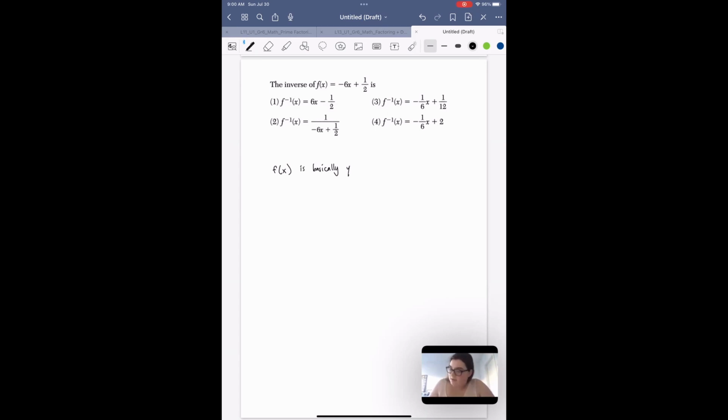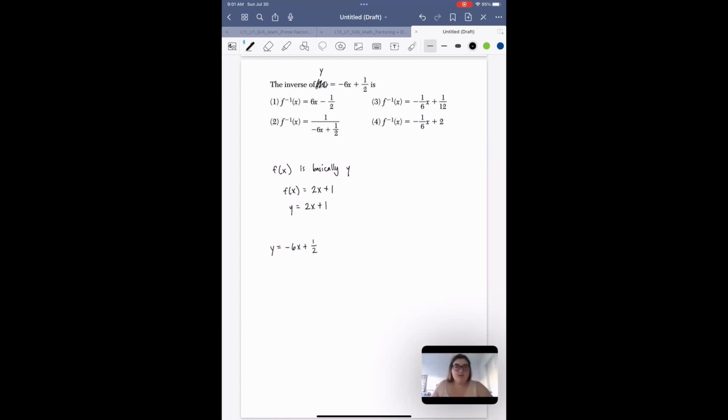So that's why sometimes you'll get a linear equation that looks like this, and that's in function notation. Or you could write a linear equation like this, because y is the general output. So whenever you see an inverse question, I always say the first step is to just replace f of x with y. So now we would write our original function as y equals negative 6x plus 1/2.